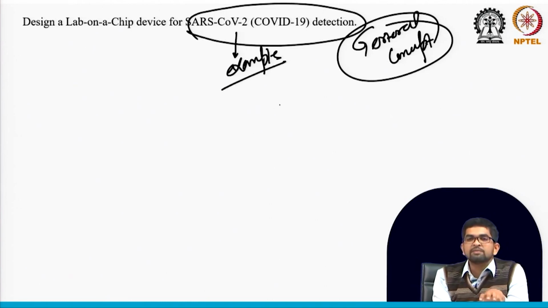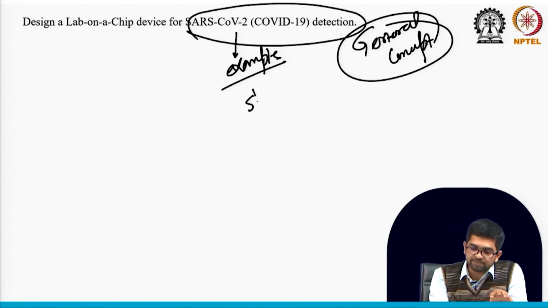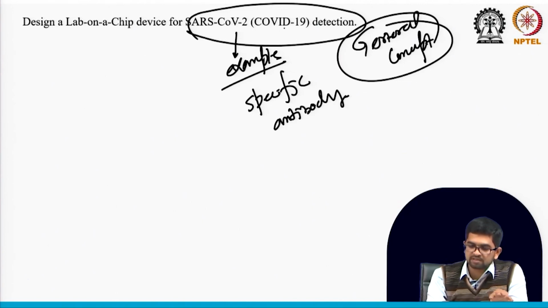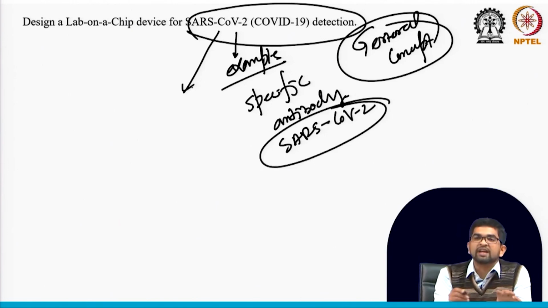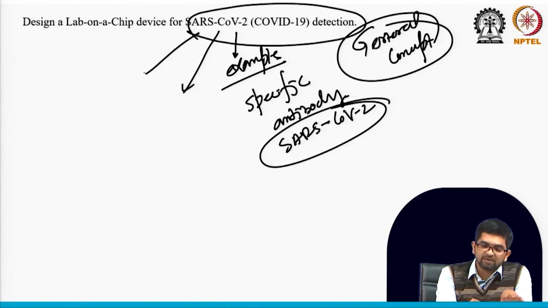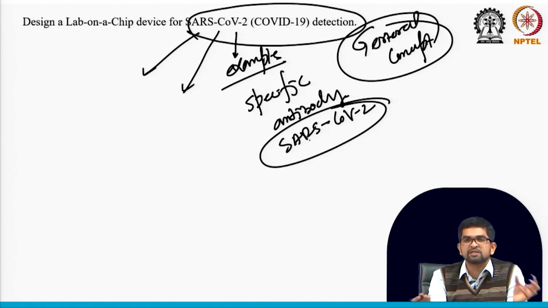Here I want to use a specific antibody for SARS-CoV-2, right? Now if I say this is for dengue or for malaria, I can replace SARS-CoV-2 with dengue or malaria, then just replace the antibody, and the problem is solved, right?